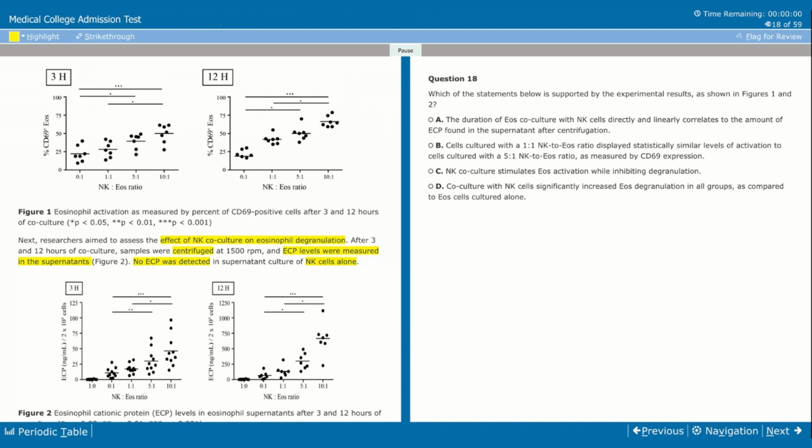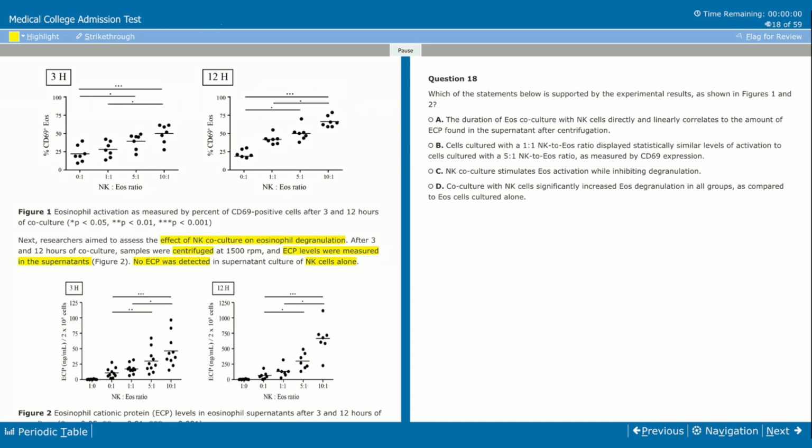So we have duration, 3 hours, 12 hours, directly and linearly correlates to the amount of ECP.